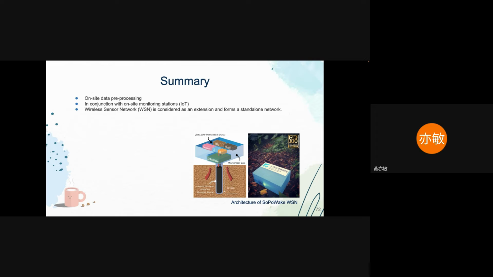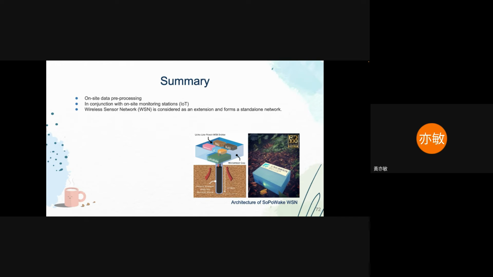And in the future, there is an example on the slides. This is the future of the WSN. I believe the sensor can be plug and play, meaning you have a base sensor and you can plug in different function sensors together in one box, like the photos I showed you.